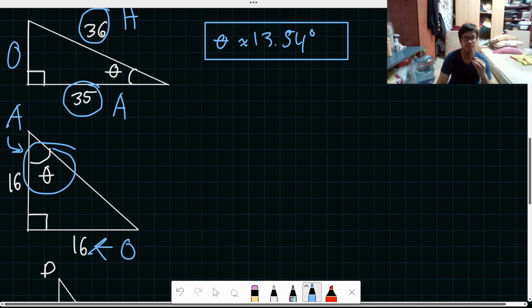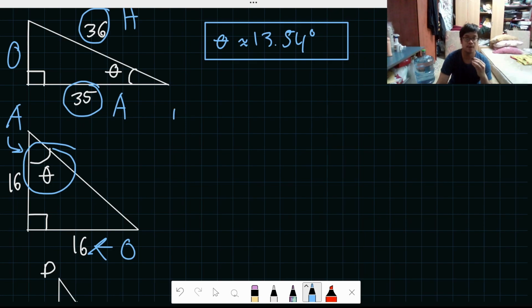So here I have a given adjacent side, which is 16, and a given opposite side, which is 16. What would be the trigonometric ratio that could be useful in getting this acute angle? What I can use is tangent theta. Why? Because tangent theta is equivalent to the ratio of opposite to adjacent.